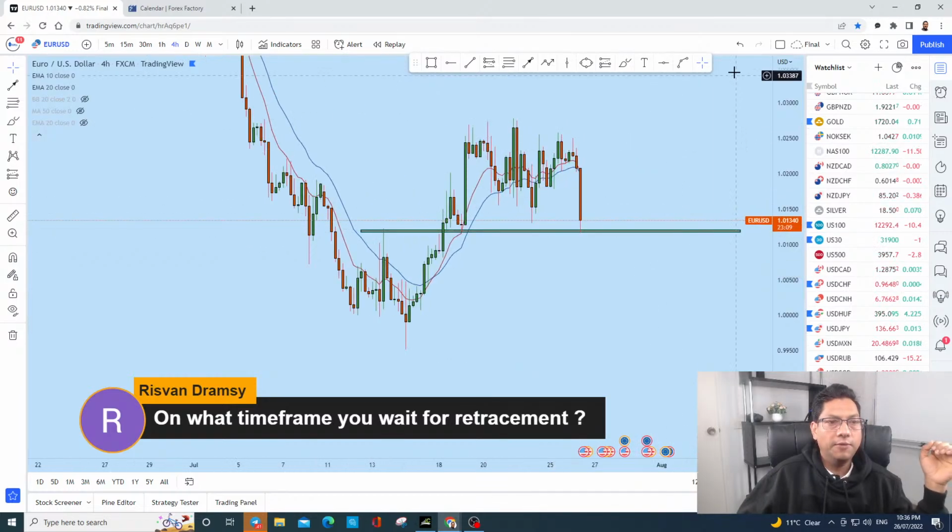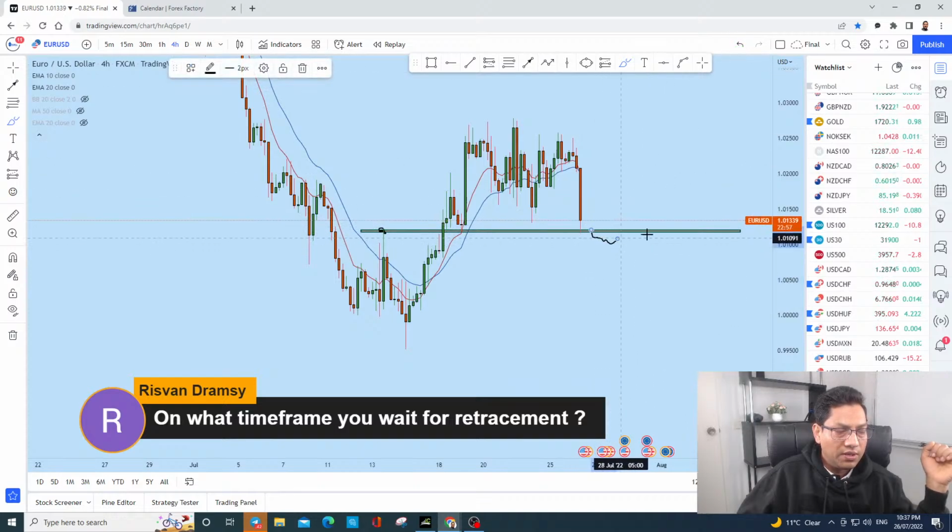If I see that the price didn't respect this resistance as a support, and instead continues to drop and creates a slow retracement, that is where the chances are it will have a big drop. So that is what I'll be selling.